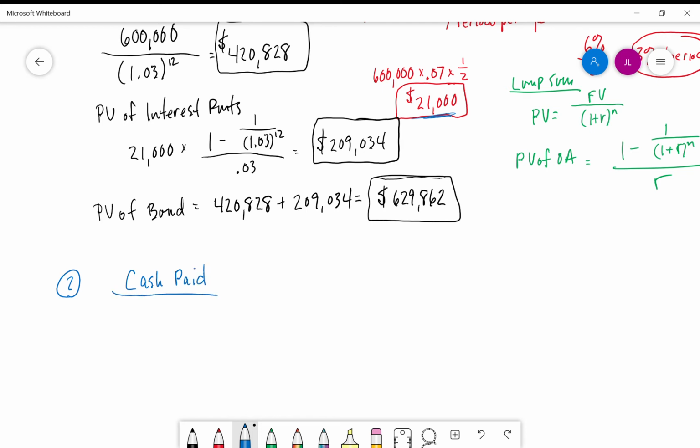Now, we also have an interest expense. It costs us for borrowing this money. We're going to have how much of this premium, because remember, this bond was issued at $629,000 and the face value was $600,000, so we know that's a premium. So we're going to have to amortize this premium. And then we have the carrying amount of the bond.